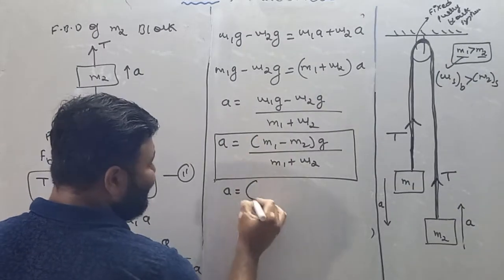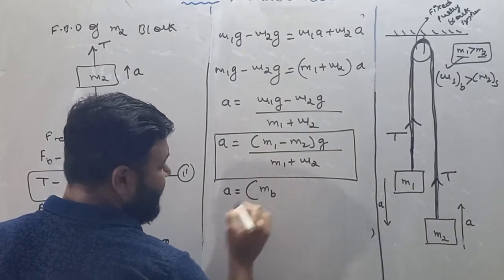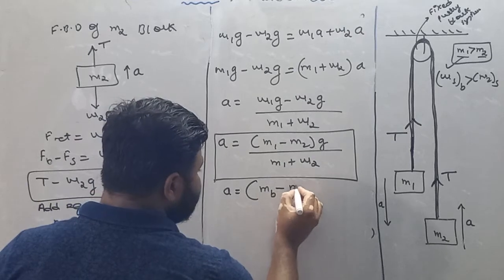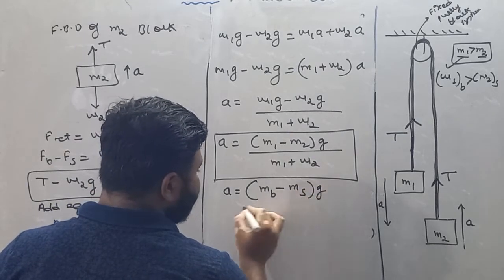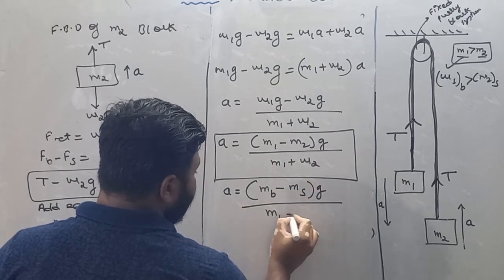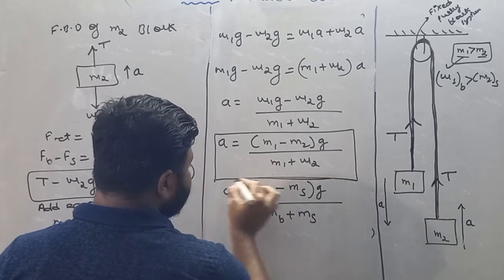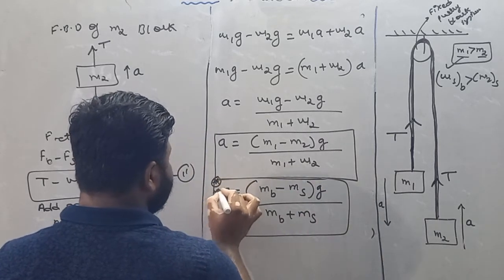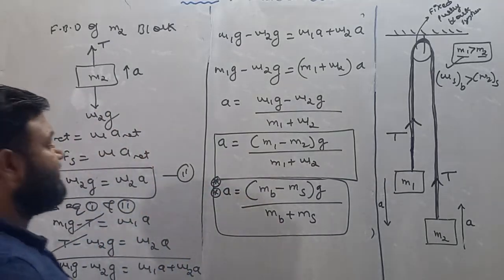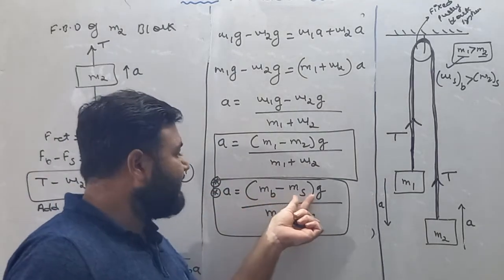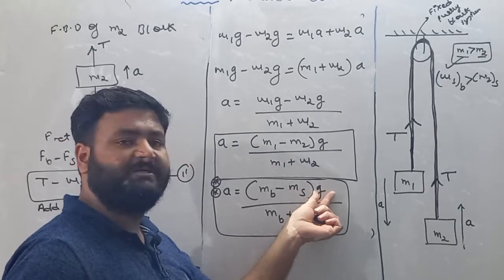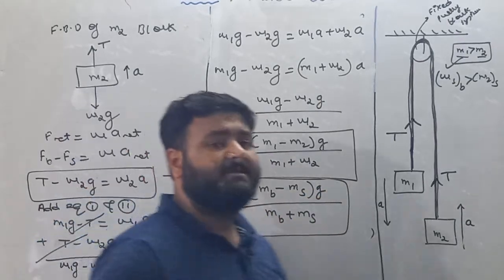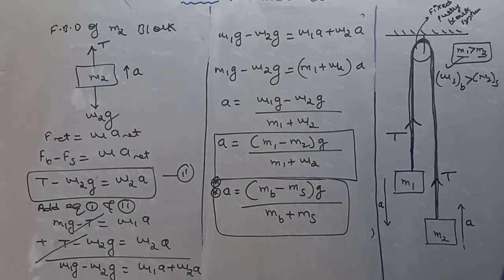So you have to learn the formula like this: acceleration is equal to mass of bigger minus mass of smaller, into g, upon mass of bigger plus mass of smaller. I hope you all understand how to find the value of acceleration.